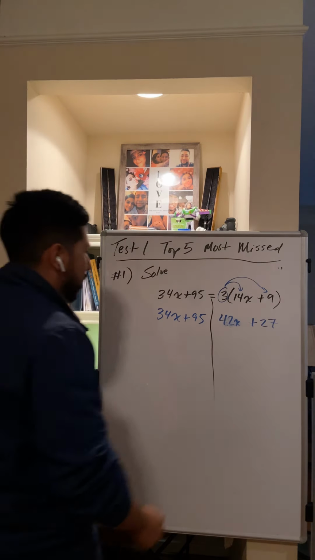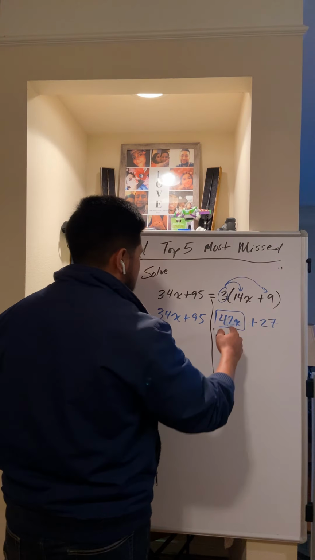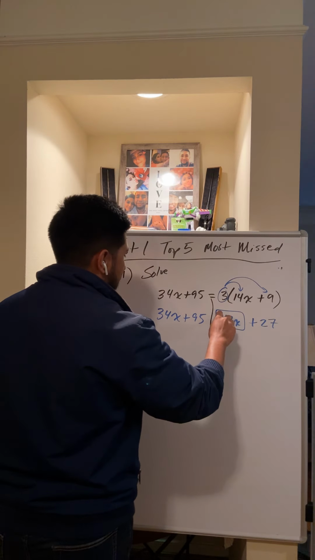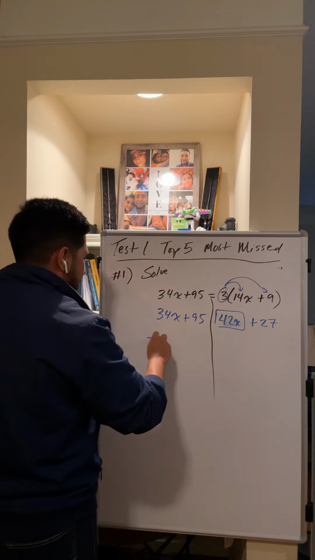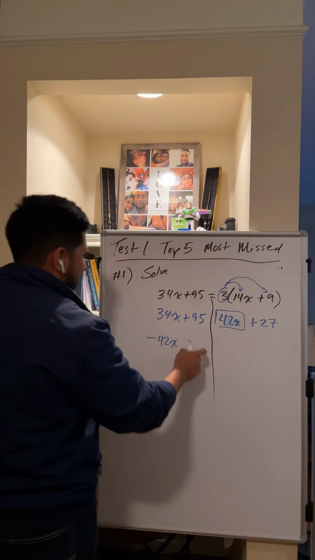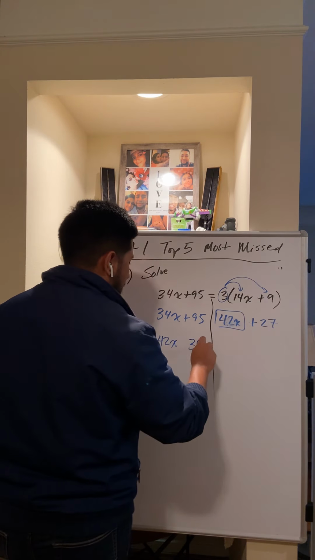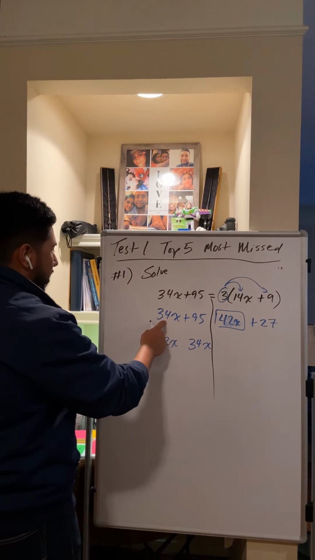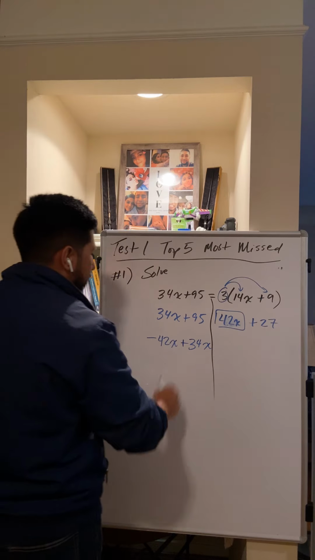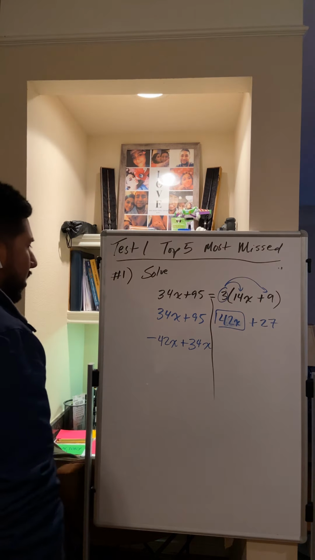Remember, next I do want to do my 42x variable on this side. This is a positive number, turns into a negative number. Then I'm going to put this guy right here. This is a positive 34, so make sure you put a plus sign. If it was negative, make sure you put down the minus sign.